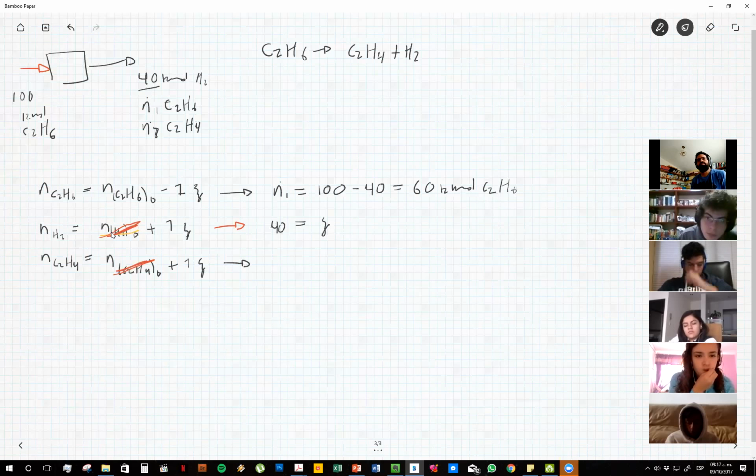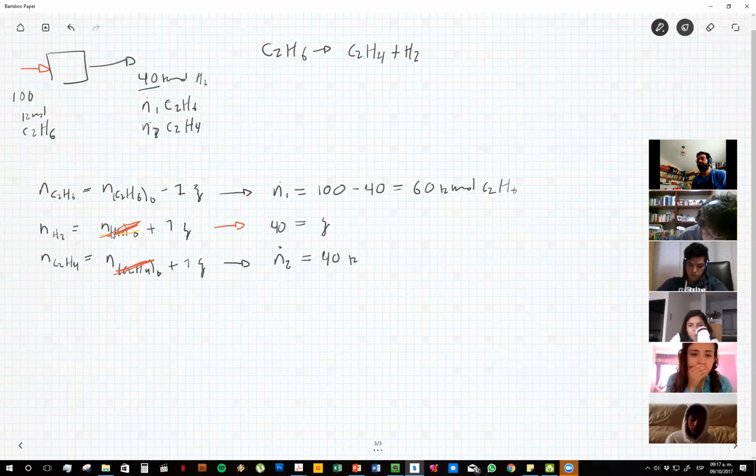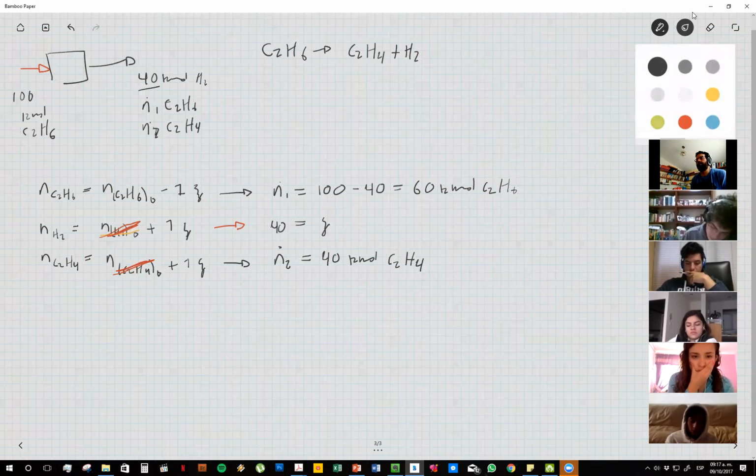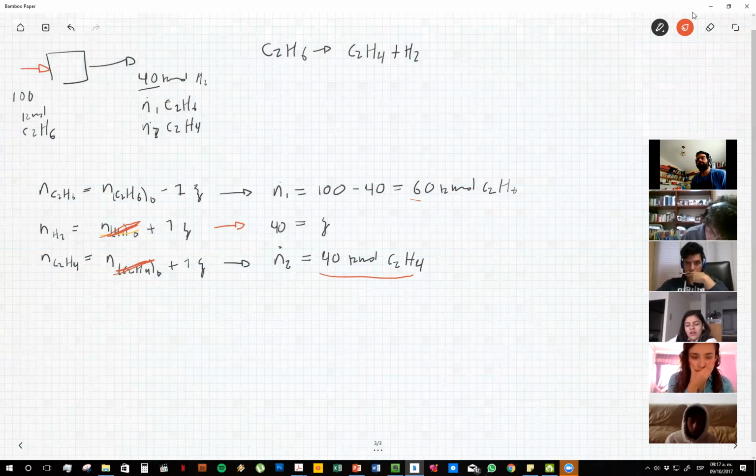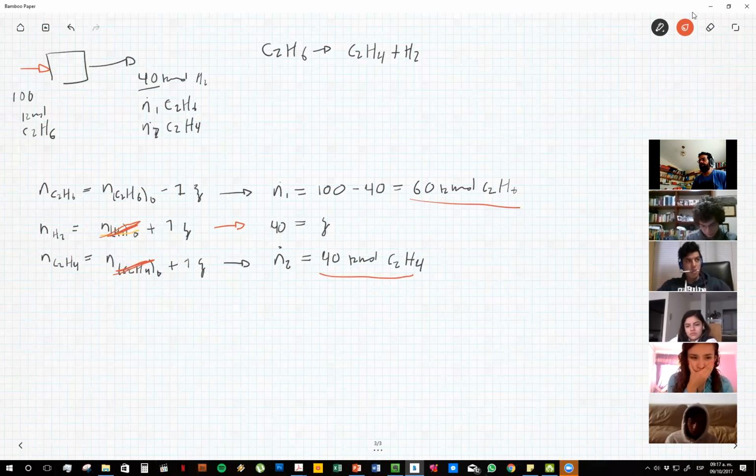For C2H4, the final number of moles, N2, is equal to only the extent of the reaction, 40 kilomoles of C2H4. Obviously we found the same result as in the other two methods, which is what we expected. Those are the three different methods that we have.